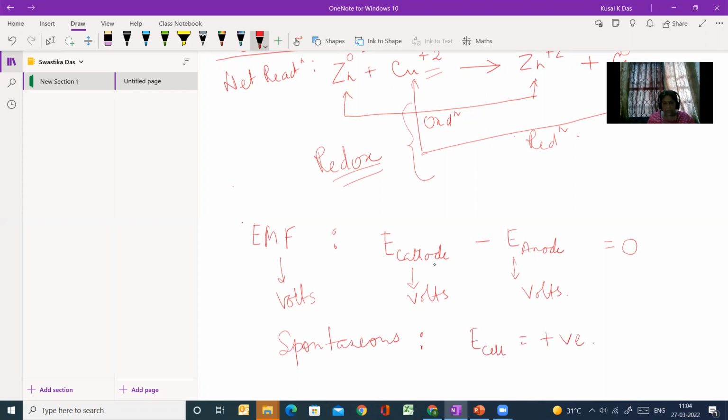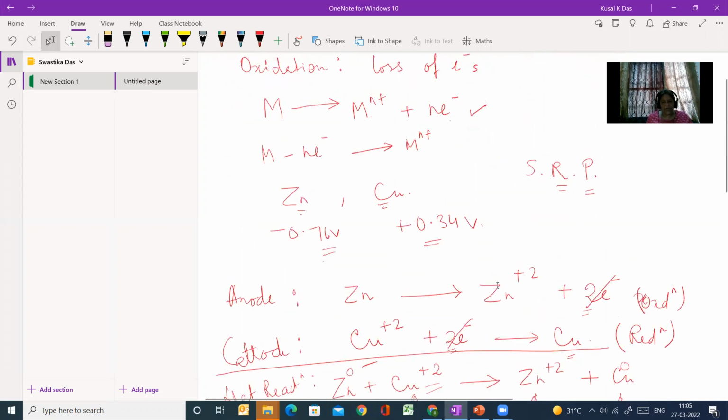In which case is the EMF of the cell positive? When the electrode potential of the cathode is greater than the electrode potential of the anode.